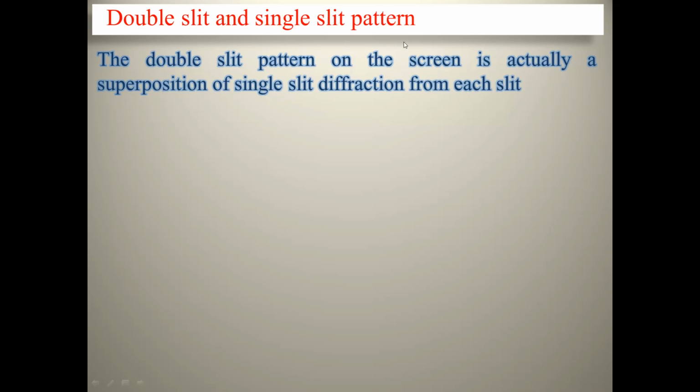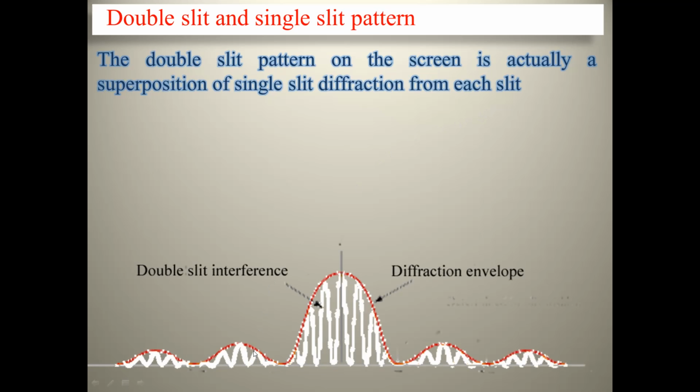The double slit pattern on the screen is actually the superposition of single slit diffraction from each slit. So the pattern will be like this. The double slit pattern is actually within the central maximum of the diffraction.